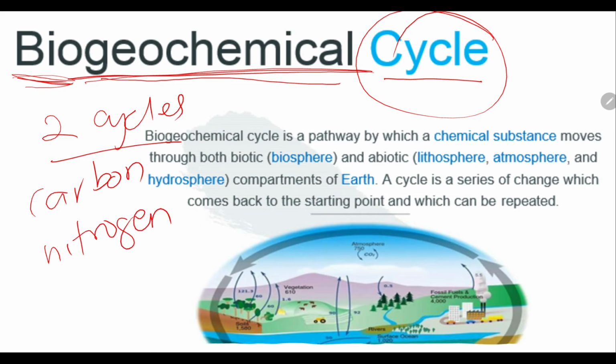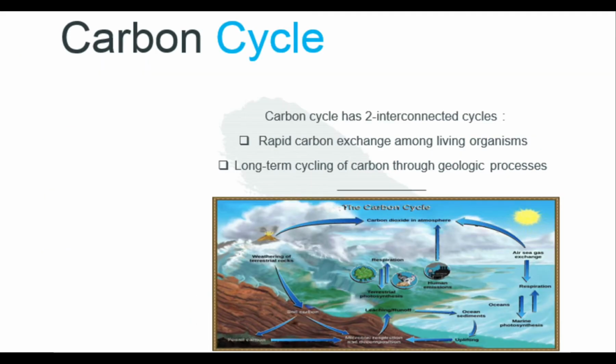Also, because in your other subject you have gone through the general overview of the cycles, I know you've learned about that. So in this part we're going to talk more about the roles of bacteria, or microorganisms, in these cycles. Okay, so the first one is the carbon cycle.